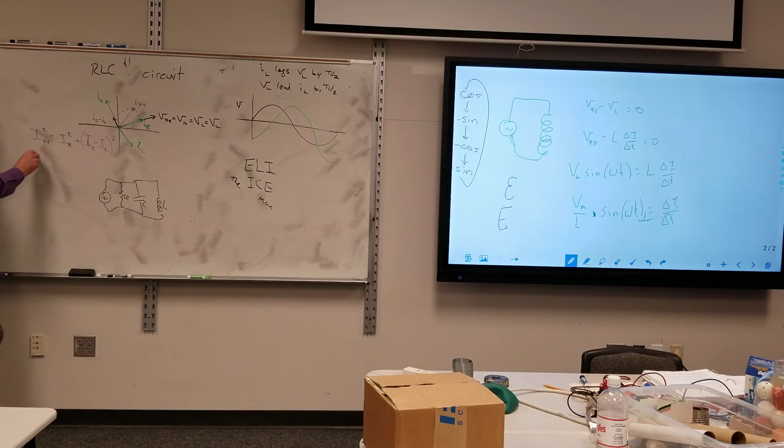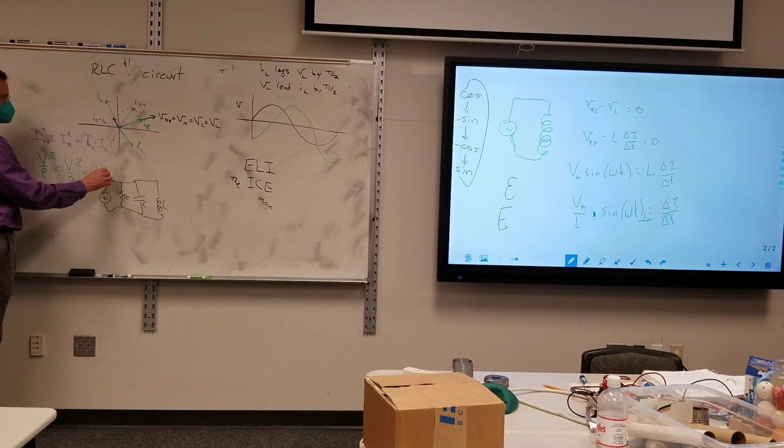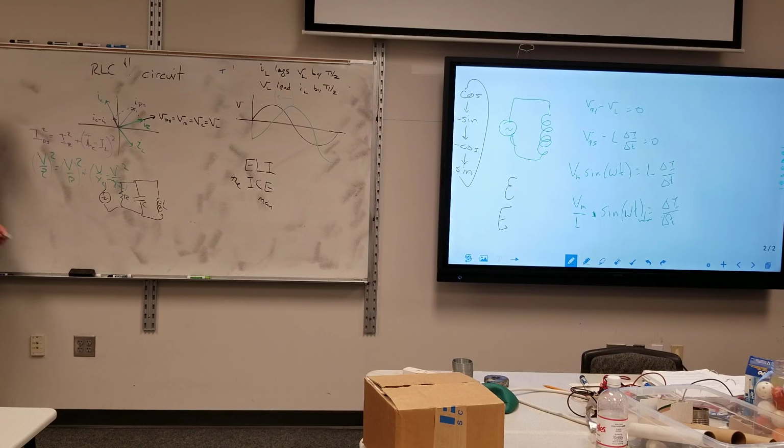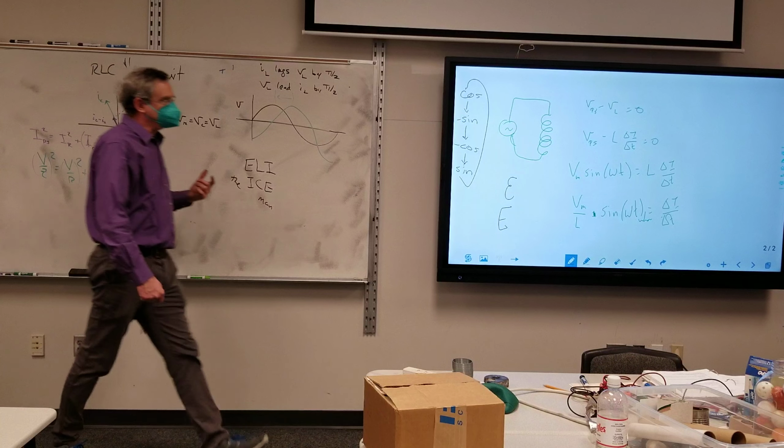This is (V over Z) squared is equal to (V over R) squared plus (V over XC minus V over XL) squared. And these cancel out, and the math is similar to what we did before.